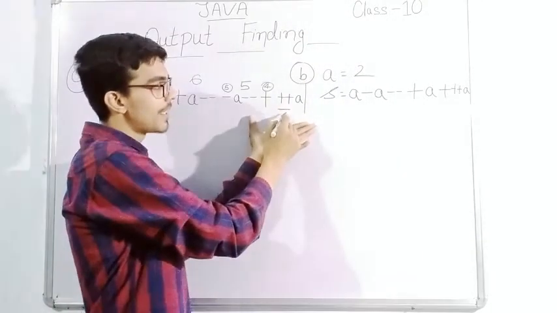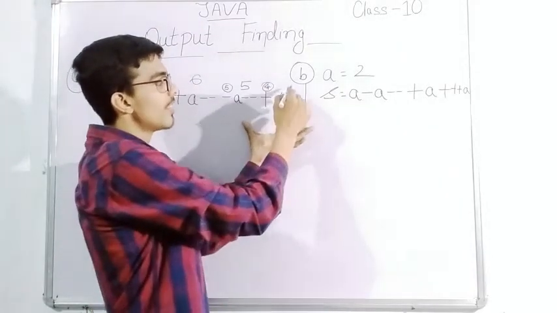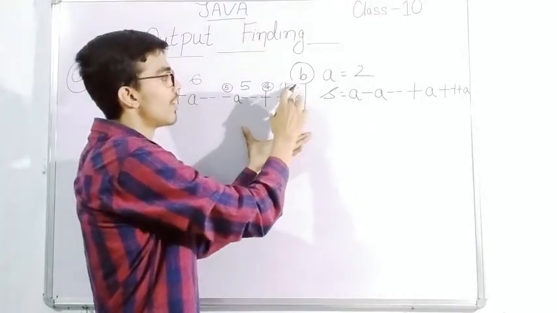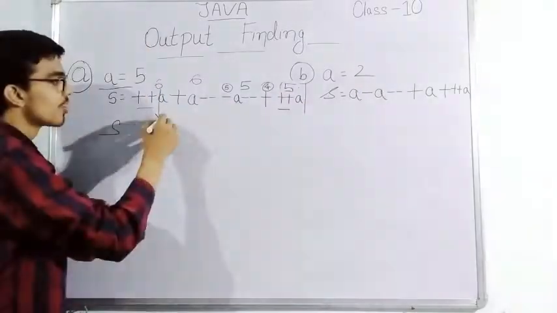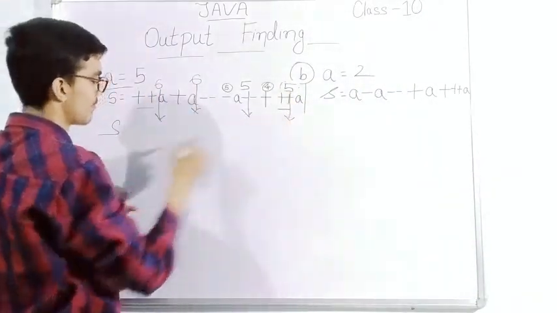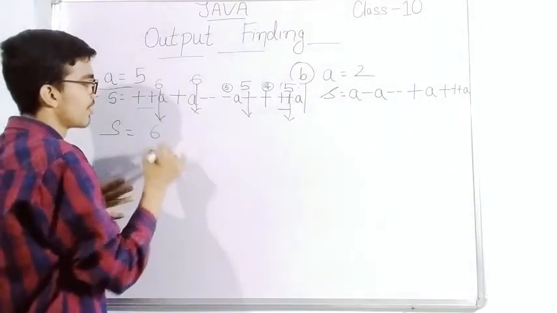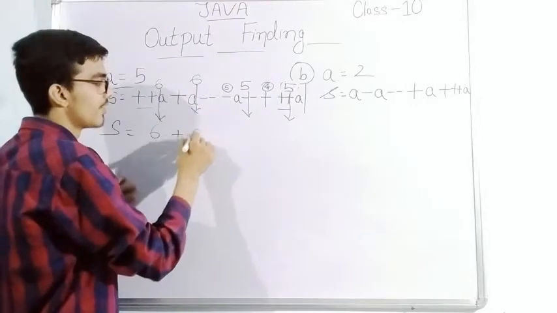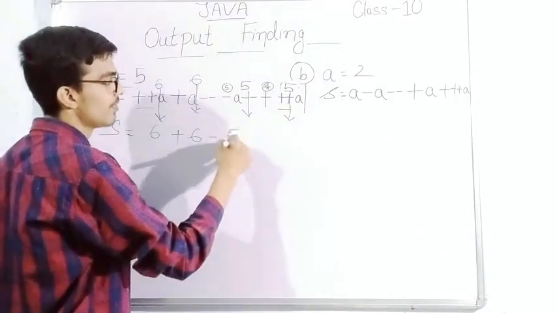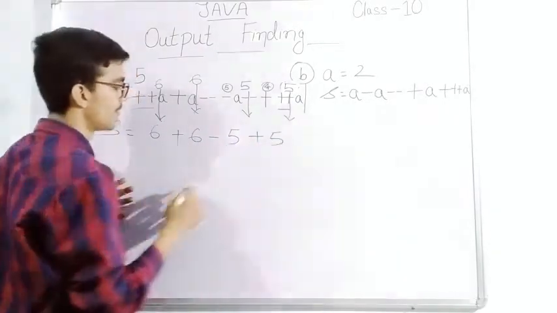Again we see our next operator, here it is the prefix increment operator. So first the value of 4 will increase by 1, so the value of a will be 5. Put this value, we'll write s is equal to 6 plus 6 minus 5 plus 5.